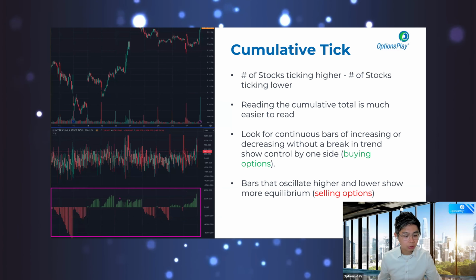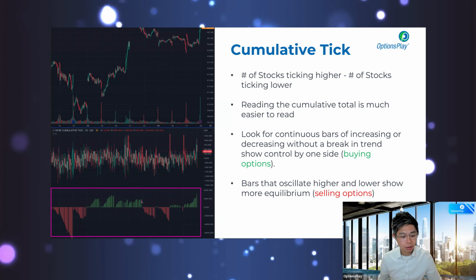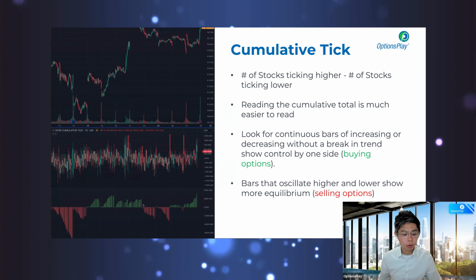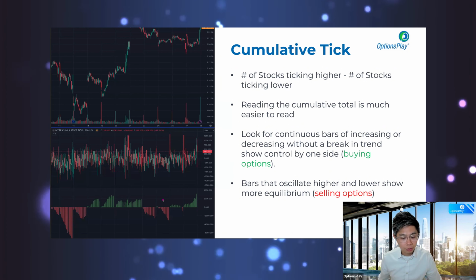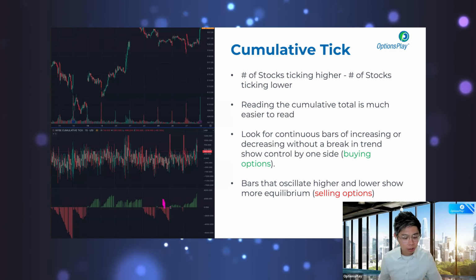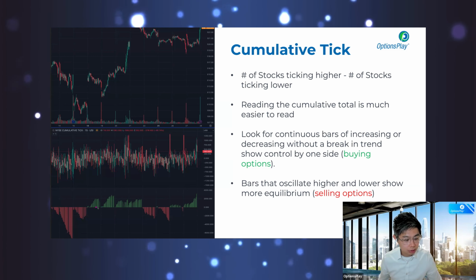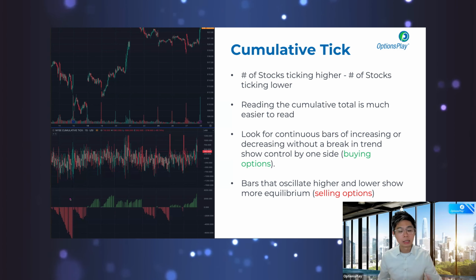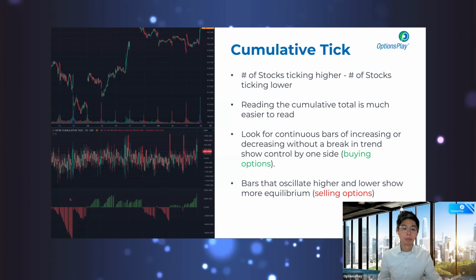And usually these types of cumulative tick indicators reset every single day. What you have is basically color coding that gives you a sense for whether there's an increasing or decreasing tick that's consecutive, or it starts to break down. So as you can see, if you get consecutive red bars, that tells you that the tick continues to maintain negative and it's getting more negative.